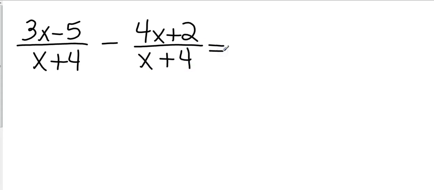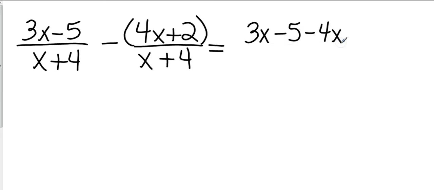Now, I want you to put your second term for subtraction in parentheses, because what that minus is going to do is it's going to change every sign. So this is actually 3x minus 5 minus 4x, and then it's going to change the positive 2 to a negative 2 as well, all over x plus 4.